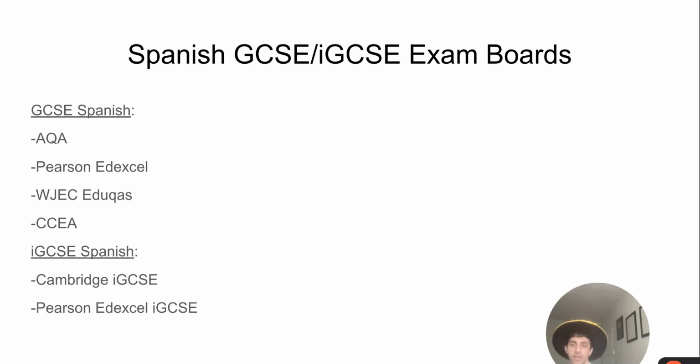These are the Spanish GCSE and iGCSE exam boards as of August 2025. 4 of them for GCSE Spanish and 2 for iGCSE Spanish. So as a student, you should be doing one of these exam boards. And it's good to be aware of which exam board you're taking because there can be differences, certainly from exam board to exam board, in terms of the format of the papers and the syllabus to some extent as well.